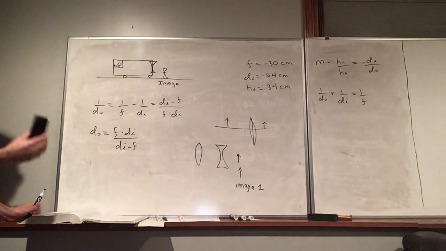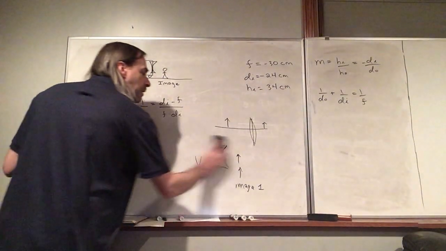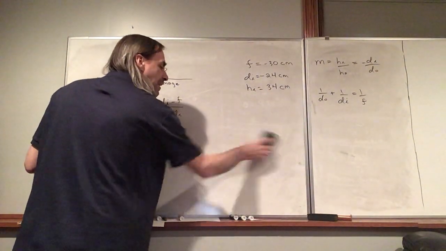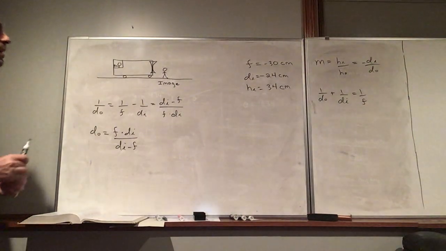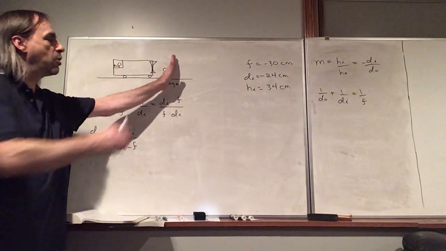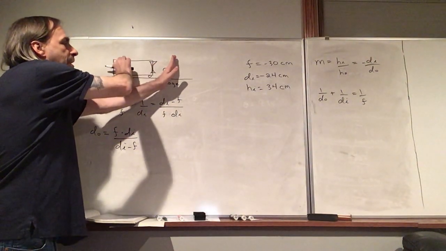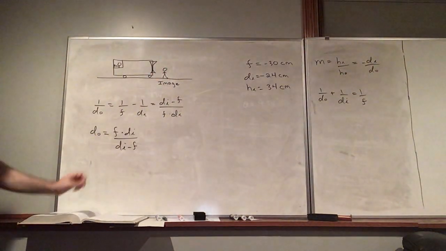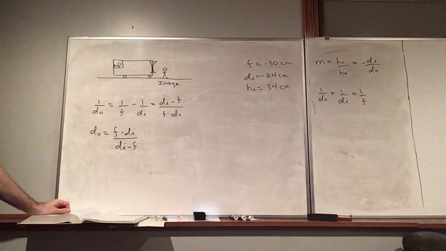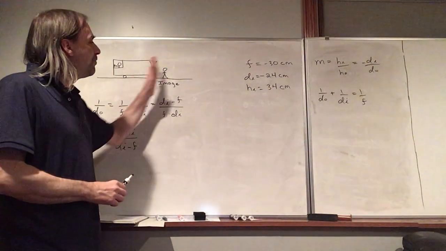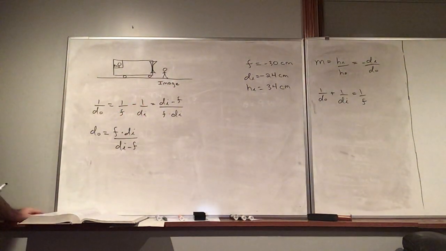So, yeah, that was the problem. Let's continue with that. I guess if you figure the object is over here and light shines this way, you'd get a virtual image with a negative sign. So that image distance should be negative.